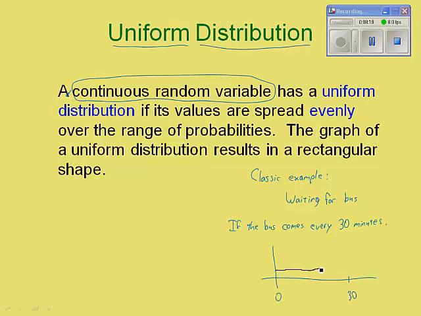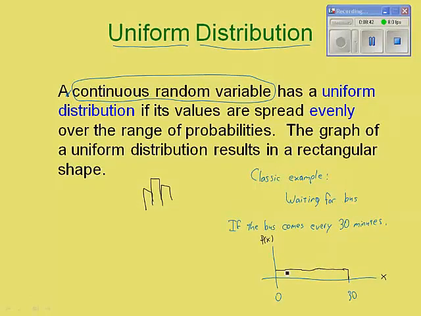In this case, it'd be a straight line. This is going to be x, and this is going to be the probability of x, kind of like we did in the last chapter with those probability histograms. But the difference is that instead of being a histogram with bars, it's going to be a continuous curve.